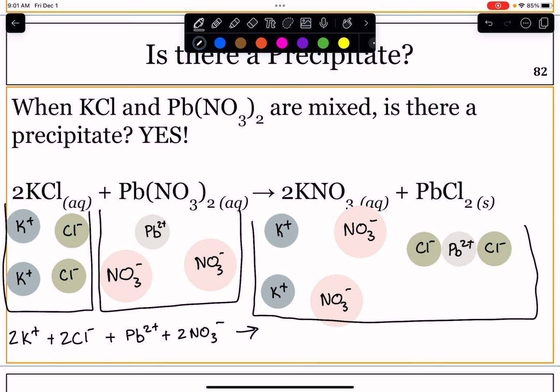So this lead chloride is a solid, and we don't split them up into solution. We keep them stuck together and touching each other, so to speak, if you were to draw the molecules like this and the particles. So we still have two potassium ions and two nitrate ions, but we have a lead chloride, and you write this all together as one chemical compound and put the little S solid after.